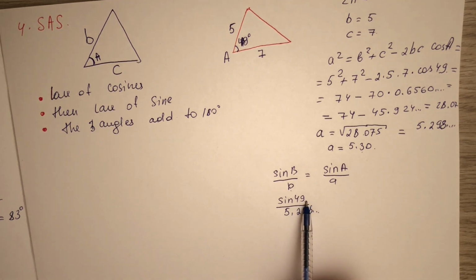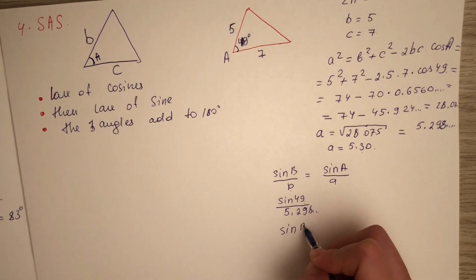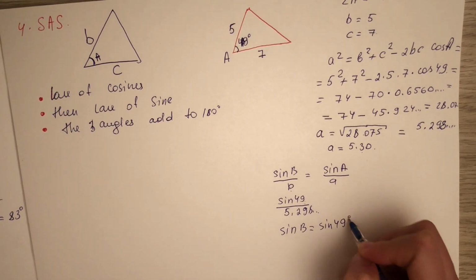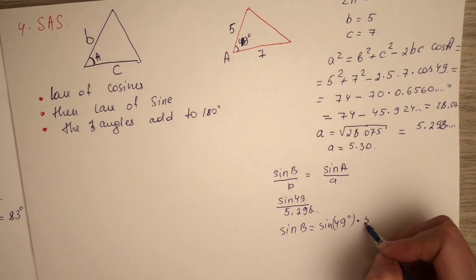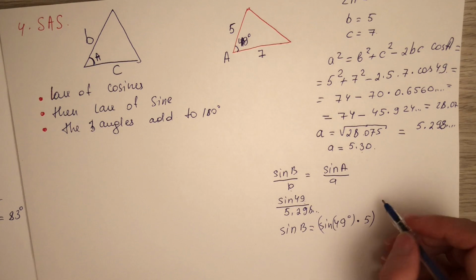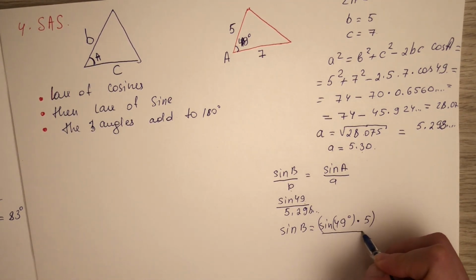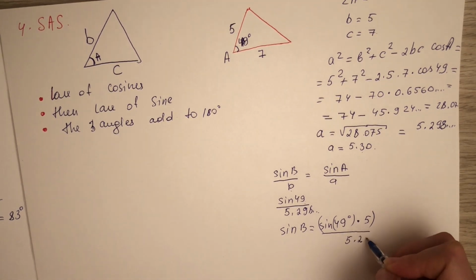So sine B is equal to sine 49 degrees times 5 divided by 5.298.